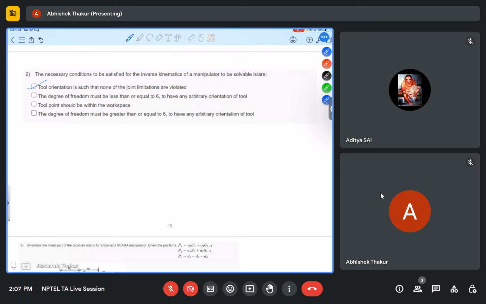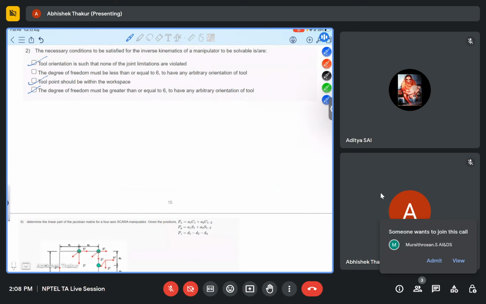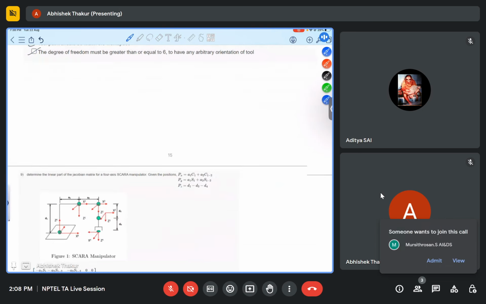Yes, this is the correct option. And also the tool point should be within the workspace, and degrees of freedom must be greater than or equal to 6 to have any arbitrary orientation of the tool. If it is less than 6, then some orientation will be missing. So options A, C and D are correct here.